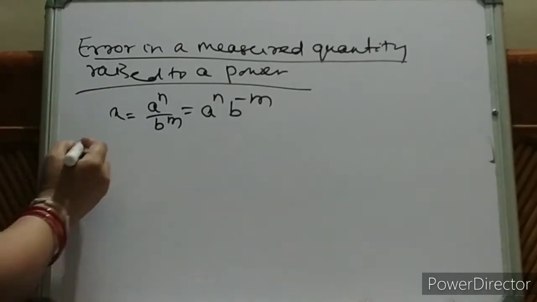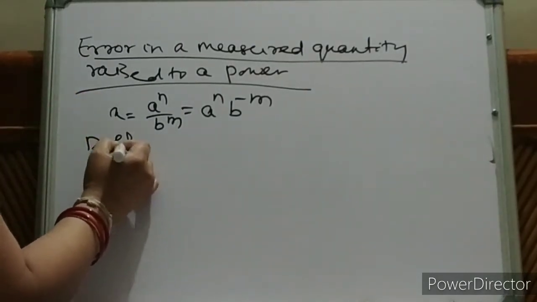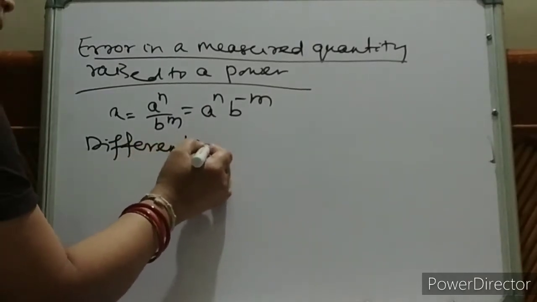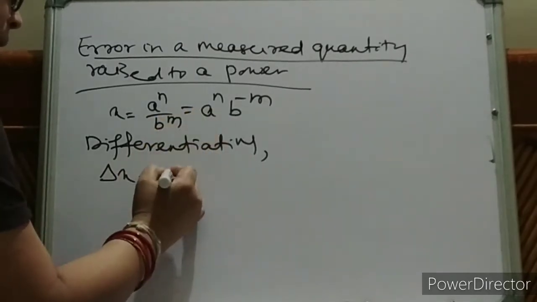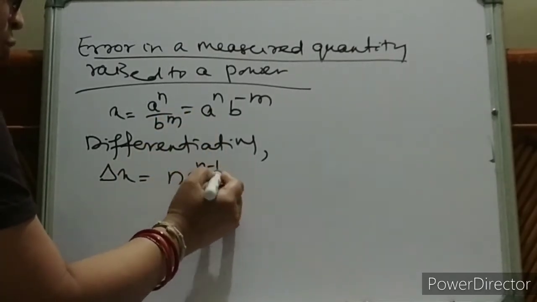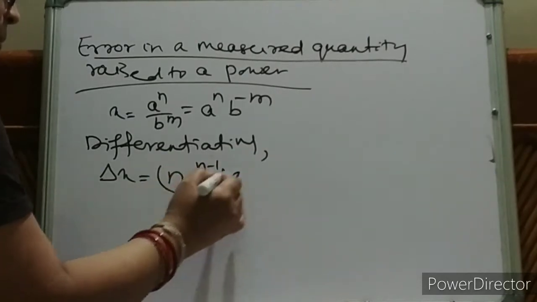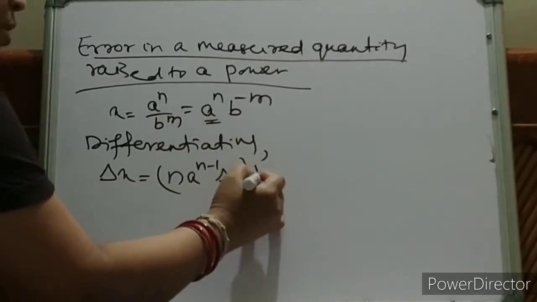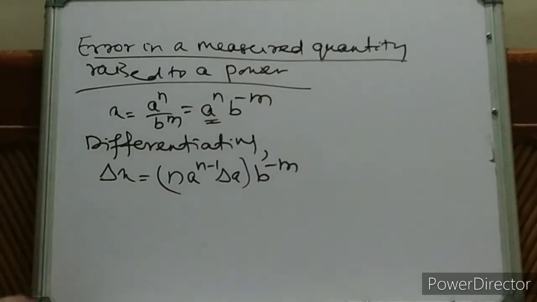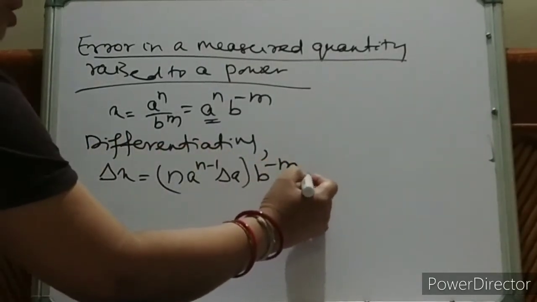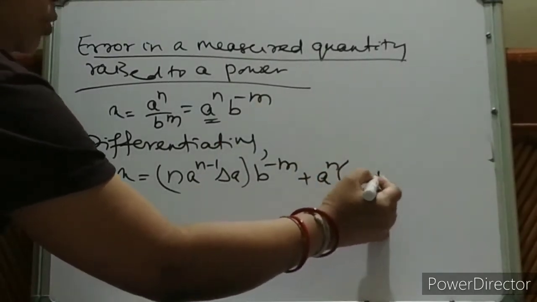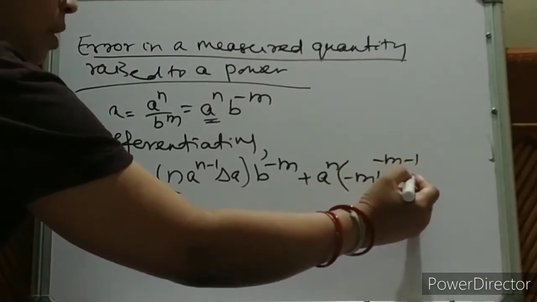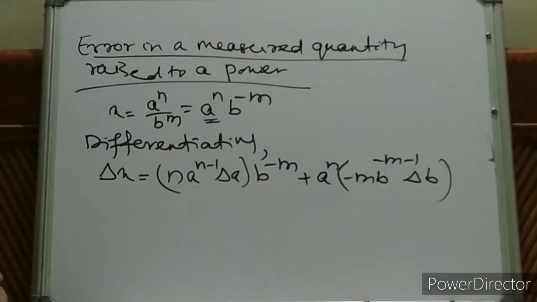So differentiate this. So differentiating, delta x will be n a to the power n minus 1 into delta a. Differentiation of this, keep the second term like this. This is the rule for the differentiation of product of two numbers. Then a to the power n, minus m b to the power minus m minus 1, then delta b.